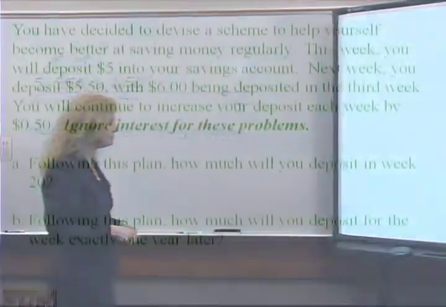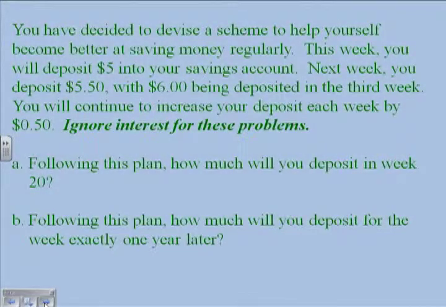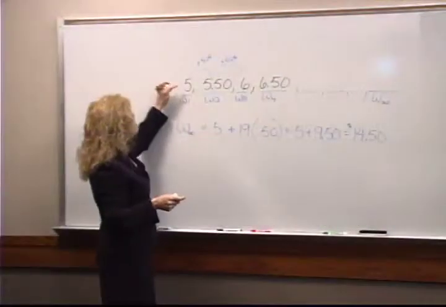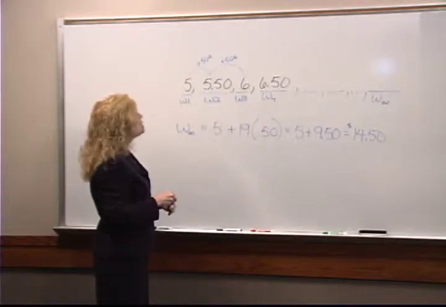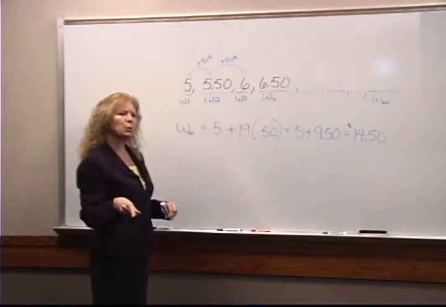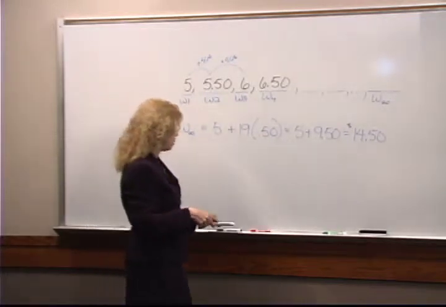Question B. Following this plan, how much will you deposit for the week exactly 1 year later? Now, by the way, when I say 1 year later, I mean 1 year later than when you started. So 1 year later would be week what?